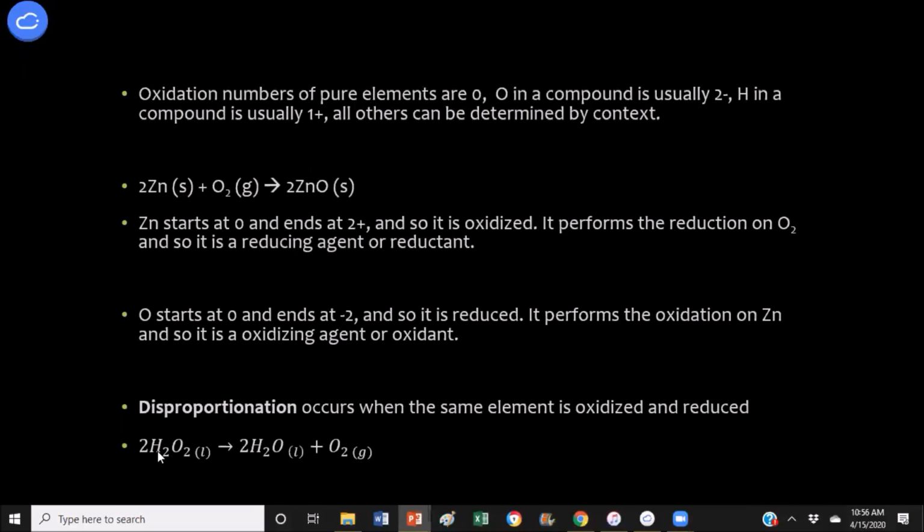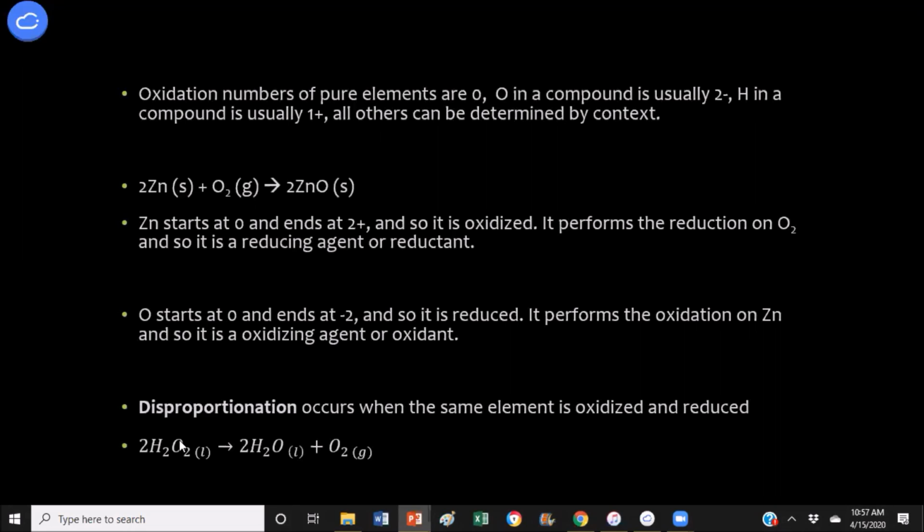Because in hydrogen peroxide, this is one of the few times where oxygen isn't -2. And it can't be. Because if you look at this, 2 oxygens, each -2, would be -4. Then hydrogen, each one being +1, would make this whole overall thing -2. So in order for these to cancel out, with hydrogen at +1, oxygen has to be -1.